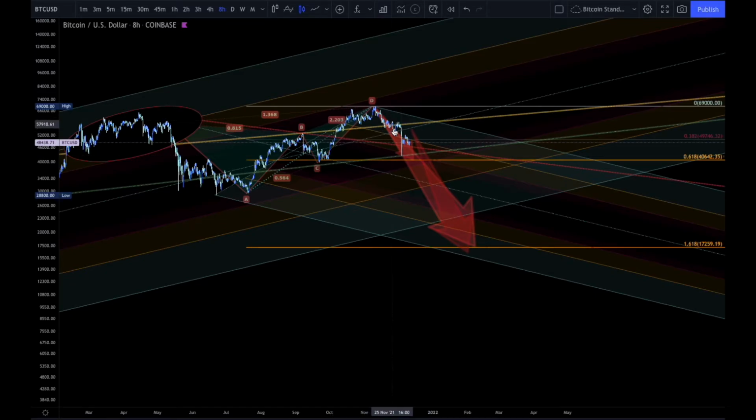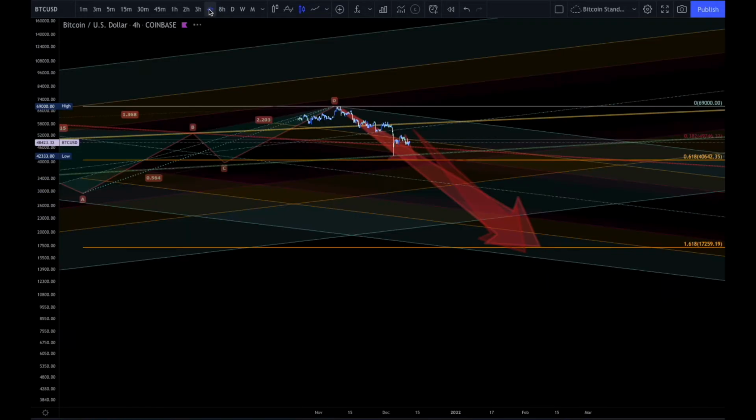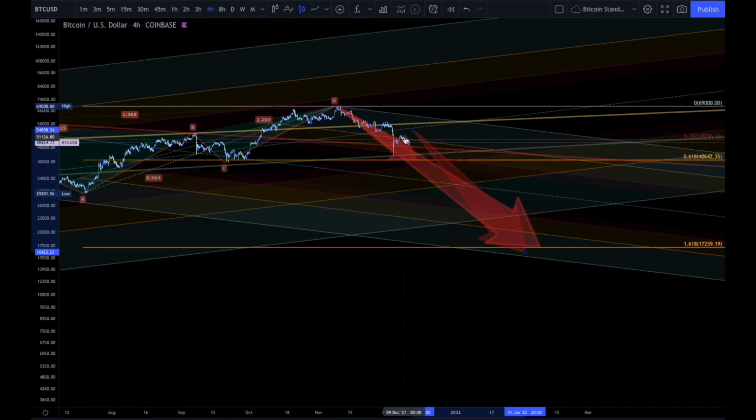However, this pattern does still call for a final target down at the 1.618 retracement, also inside of this other Andrews pitchfork on the way down. And maybe we could even resolve that one layer more and see where that gets us.